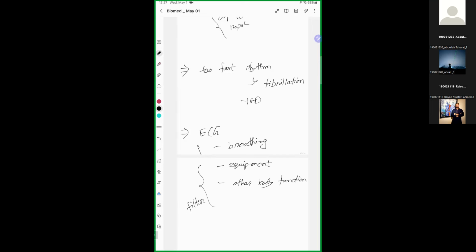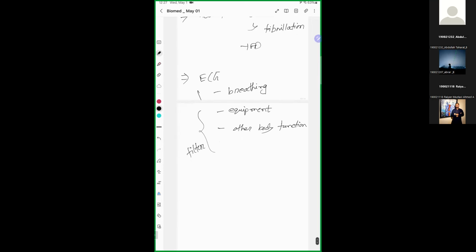So how do you filter them out? For instance, your breathing is regular, but slow compared to your heartbeat.